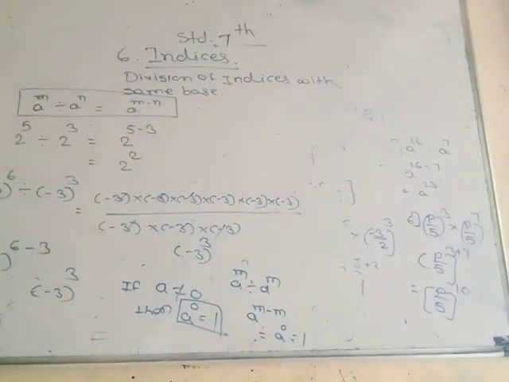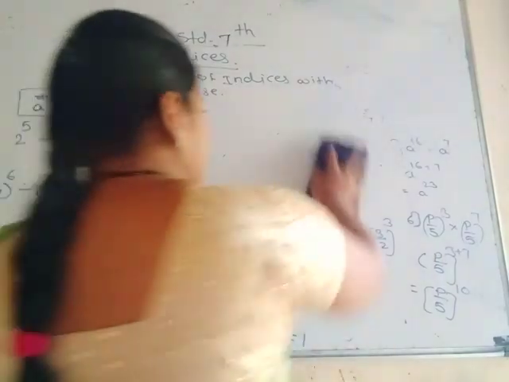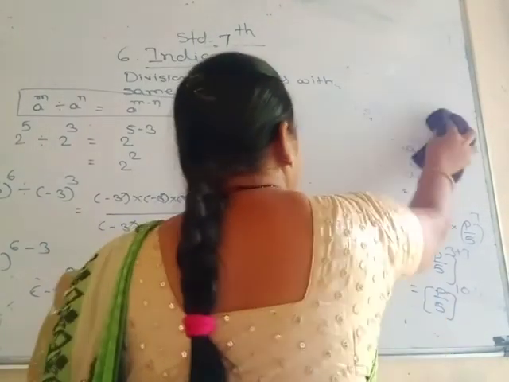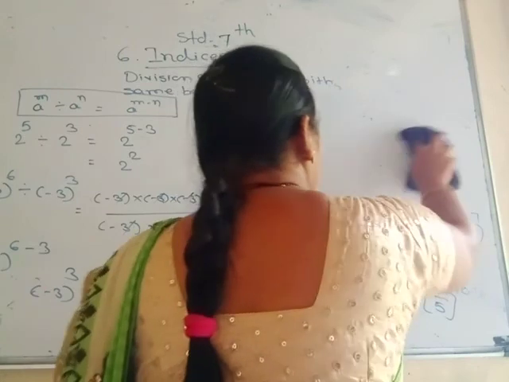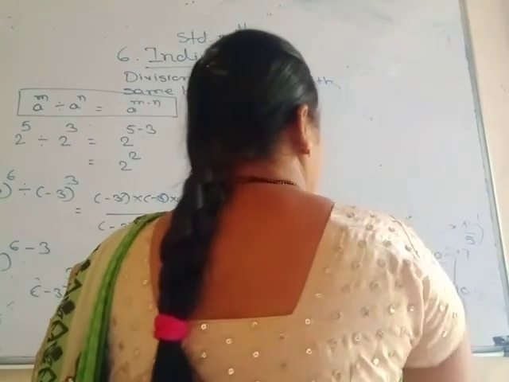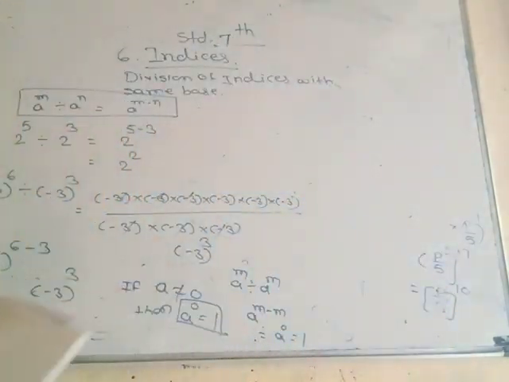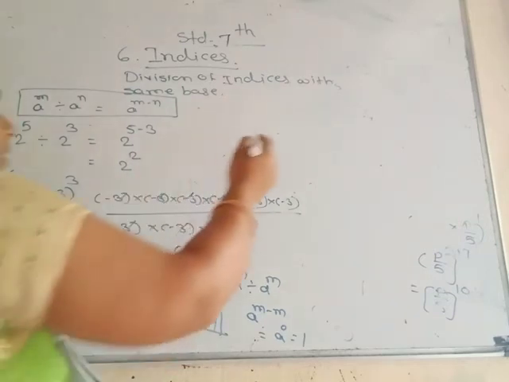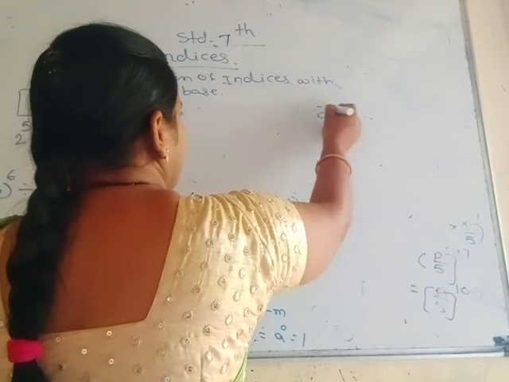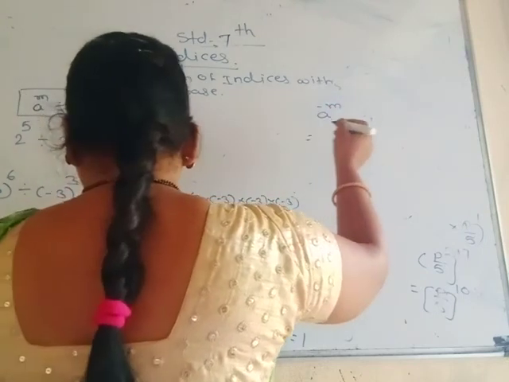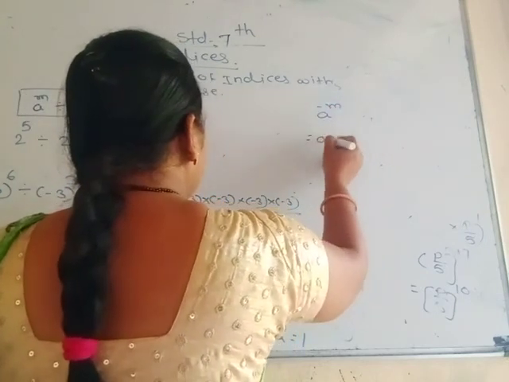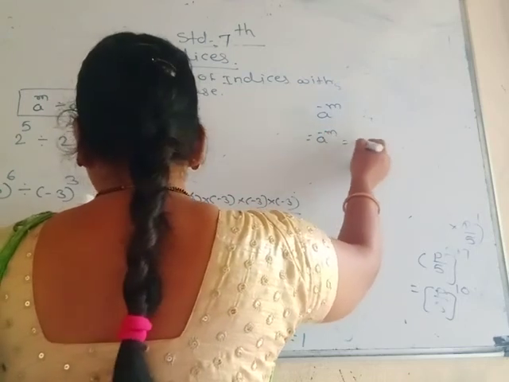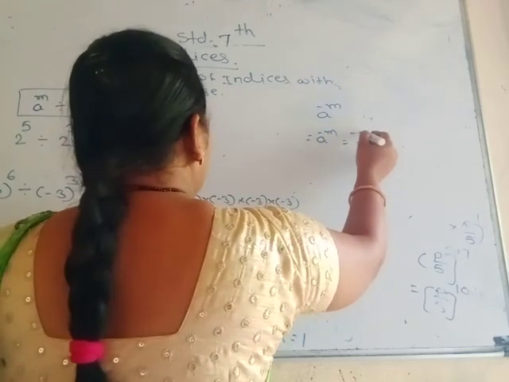If a is raised to the power of minus m, then a raised to the power of minus m is equal to a to the minus m into 1.